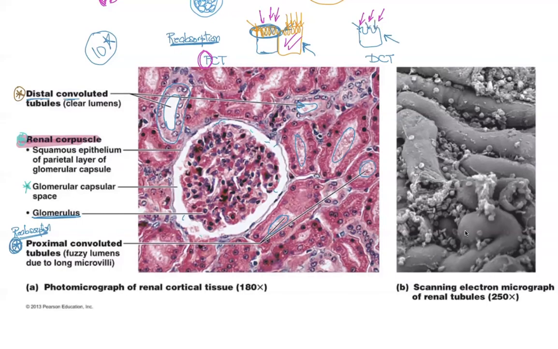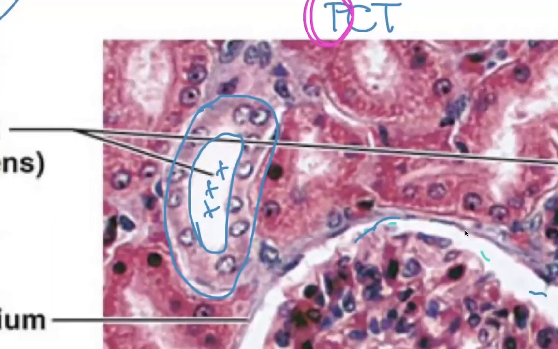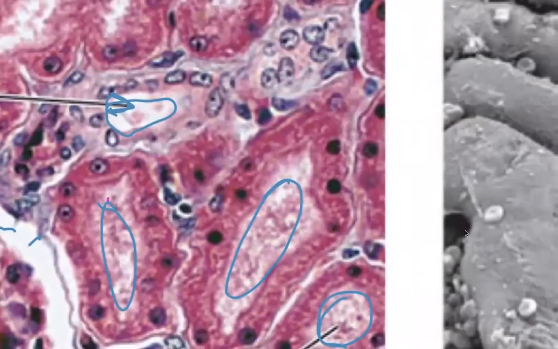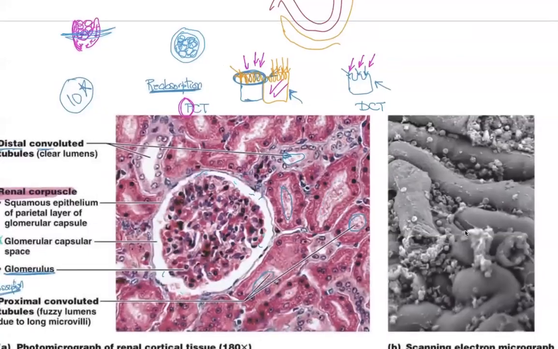That's why the lumen inside the tube is clear. See how it is different between the lumen of this one and the lumen of this one. So this has a fuzzy lumen, this has a clear lumen.